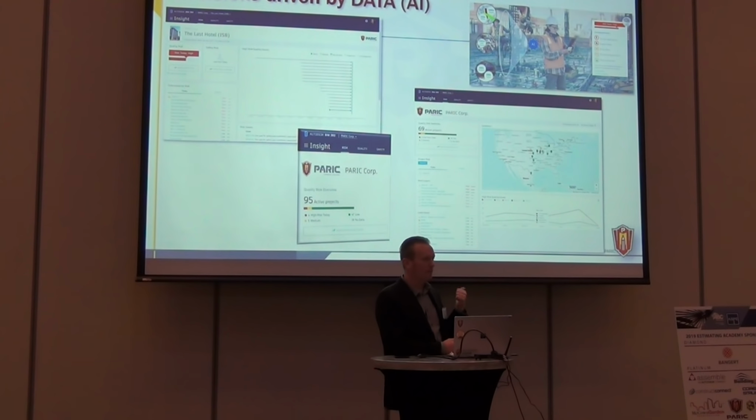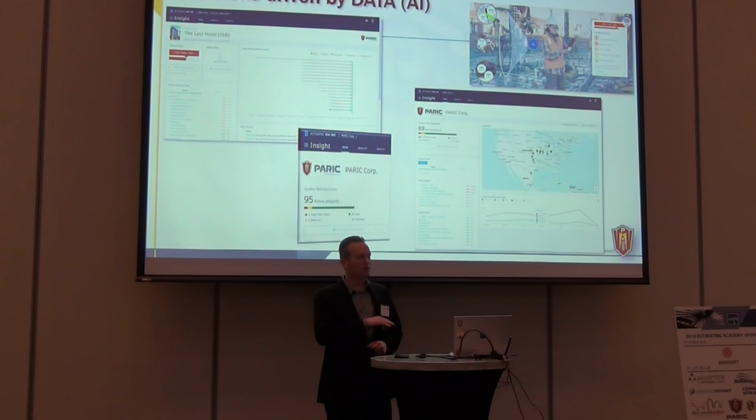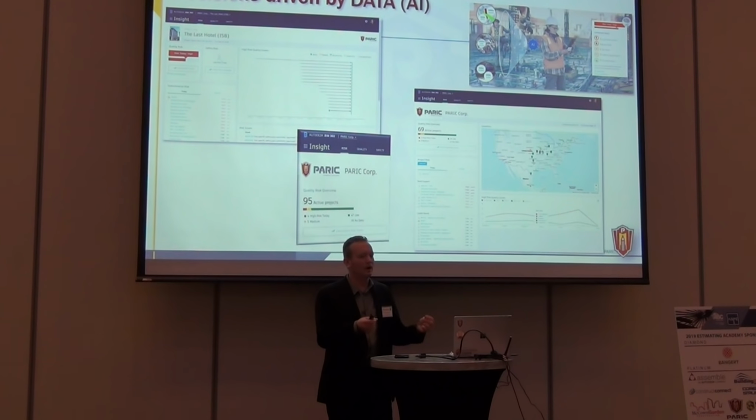It's not on a project basis only, it's cross-project. So when we can look across our entire portfolio of active projects over the last about 7 years right now for us, we can say of the projects we did, how many of them were office buildings and how many of them had water issues. We can analyze very quickly what they were, and then go and talk to the project managers and find out why.